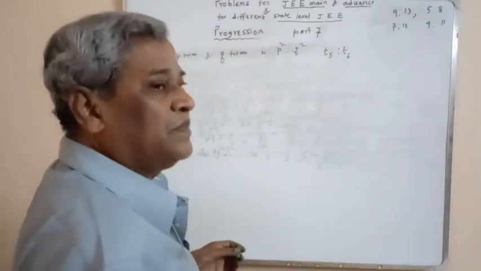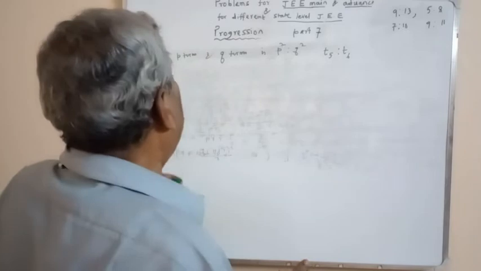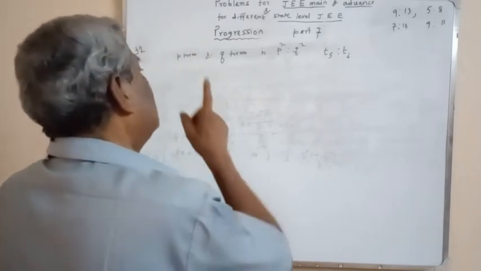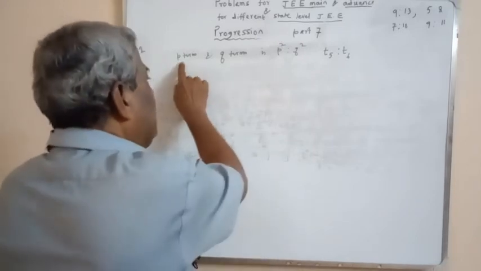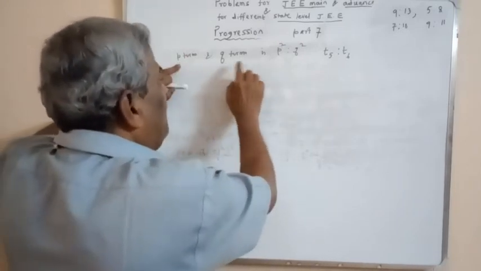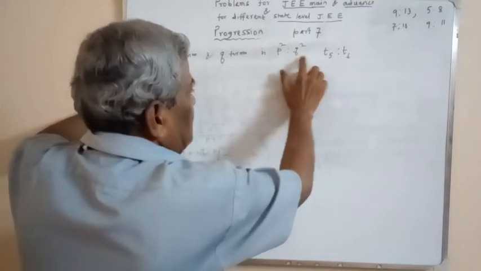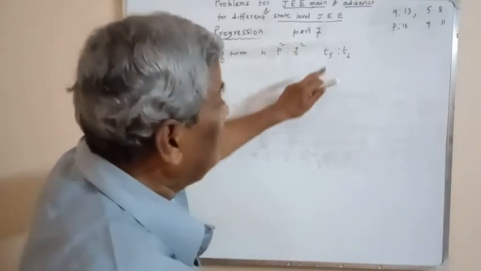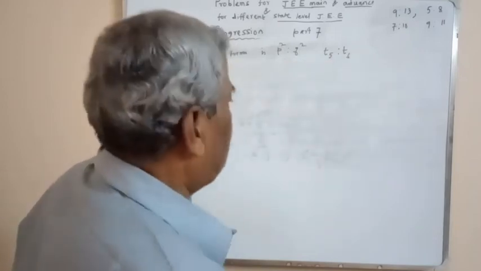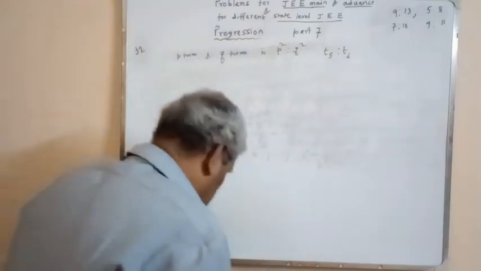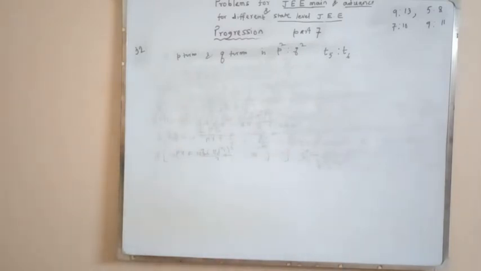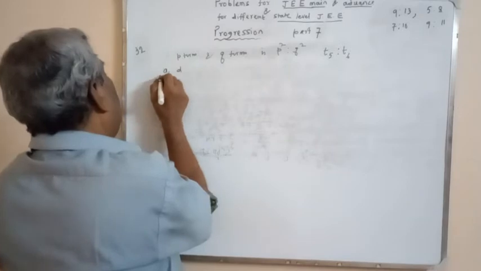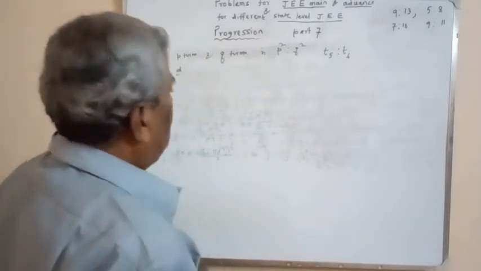Now the problem, just once more, the problem is there is an AP, and given that sum of first p terms to sum of first q terms is this. Then we have to find the ratio T5 to T6. So suppose A and D are the first term and common difference of this series.